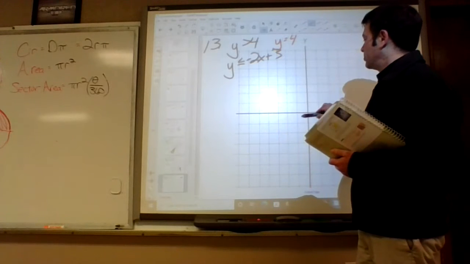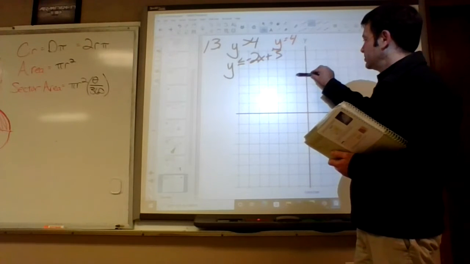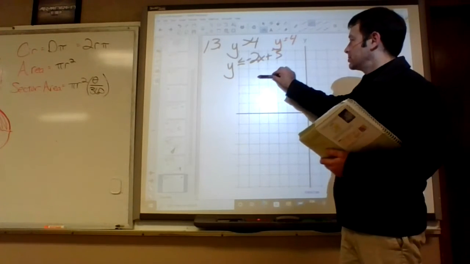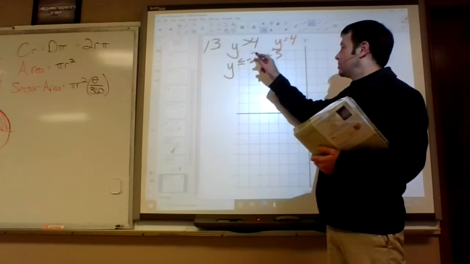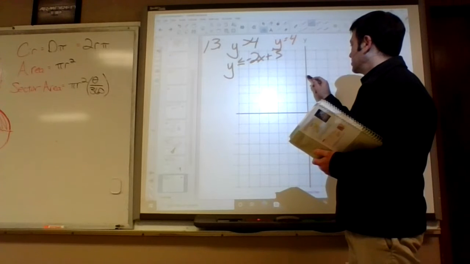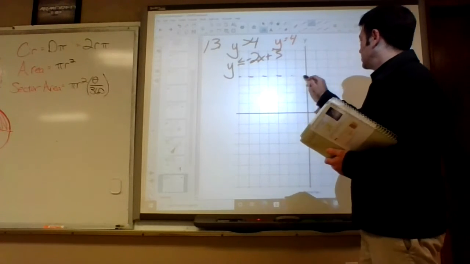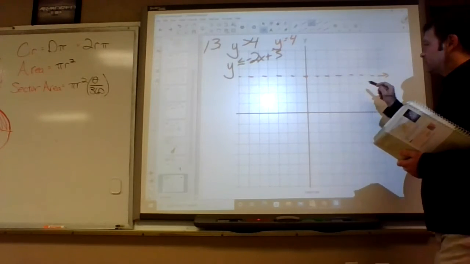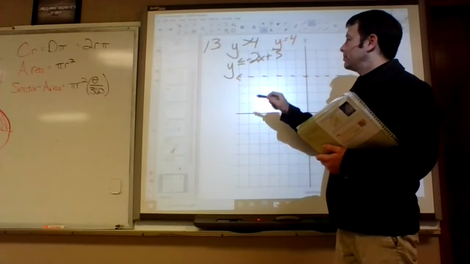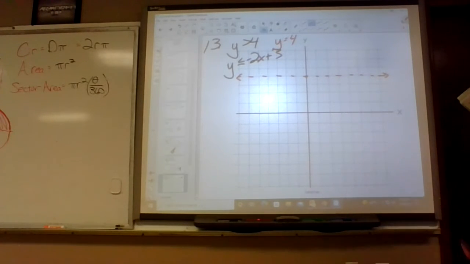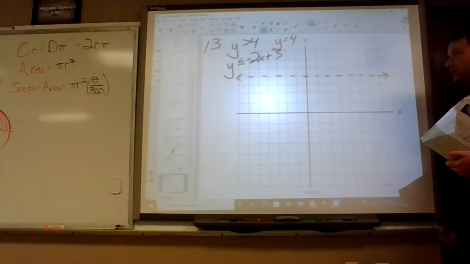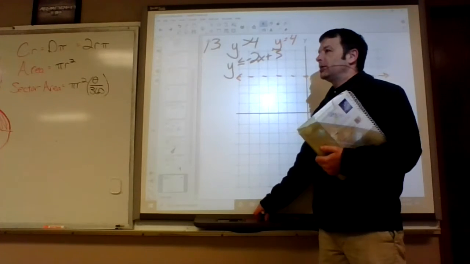So you go up to 4 on the y-axis and just draw a line through it, so it'll be a horizontal line. But if it's y is greater than 4, should the line be solid or dashed? So it's just that. Now, I'm not going to shade yet, but y is greater than 4. Which side of that line will we be shading? Above. But don't do it yet, because we've got to do the other one first. Okay.